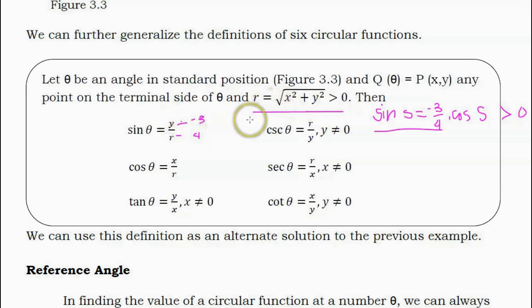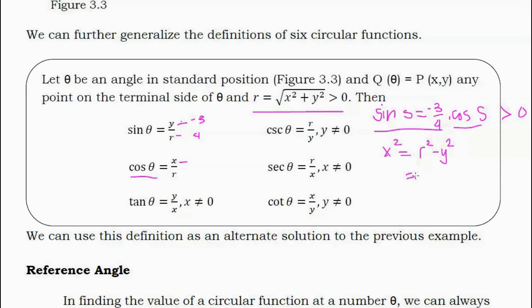So what we will find now is x, so that we can get the value of cosine theta or cosine s. In finding the value of x, we already know how to transform this formula. So x squared is equal to r squared minus y squared.